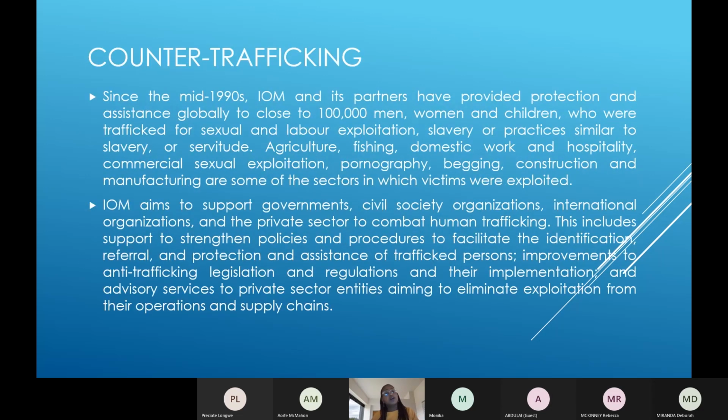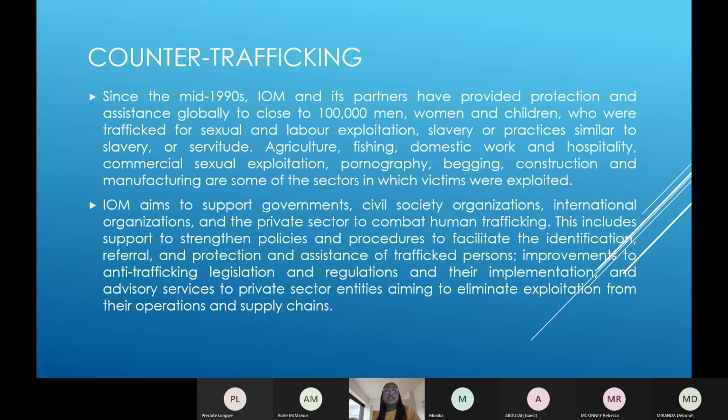We also have counter trafficking, and this says it all. In counter trafficking, we work closely with victims of trafficking. It could be sex trafficking or labor trafficking. And as you might already be aware, trafficking is also closely related with exploitation, sexual exploitation, and labor exploitation mainly.